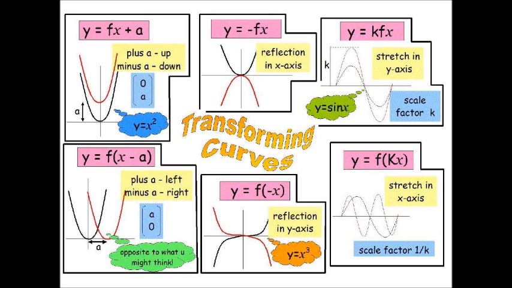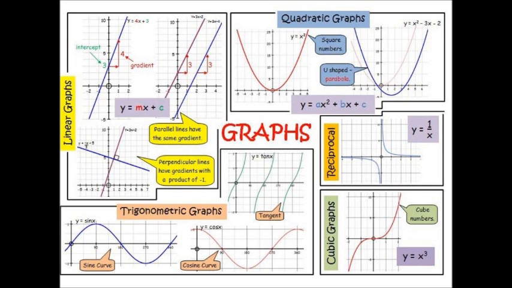Topic summary. When revising the topic of polygons, it is highly recommended that you memorize the properties of different types of polygons, as well as their names. For example, as well as memorizing the properties of triangles and quadrilaterals, also try to recall the names of larger polygons, such as 7-sided heptagons, 8-sided octagons, 9-sided nonagons, and 10-sided decagons.